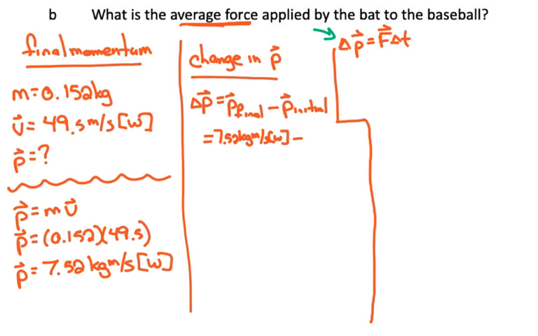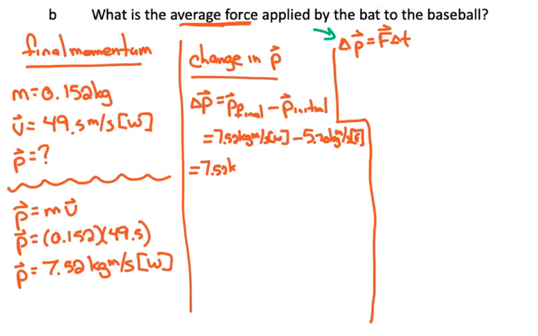Minus the initial momentum, which we found in A, of 5.70 kilogram meters per second east. Now the directions here are incredibly important. We can't just subtract these two because they're not in the same direction. So we can either make them both west or both east. Likely be easier to make them both west.